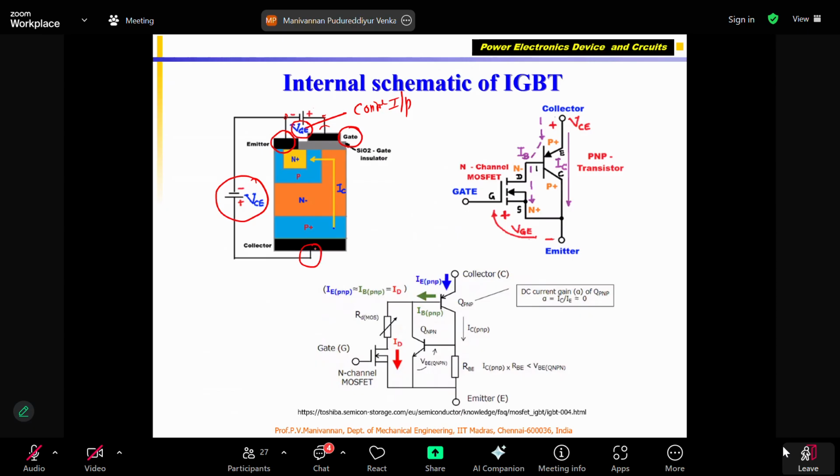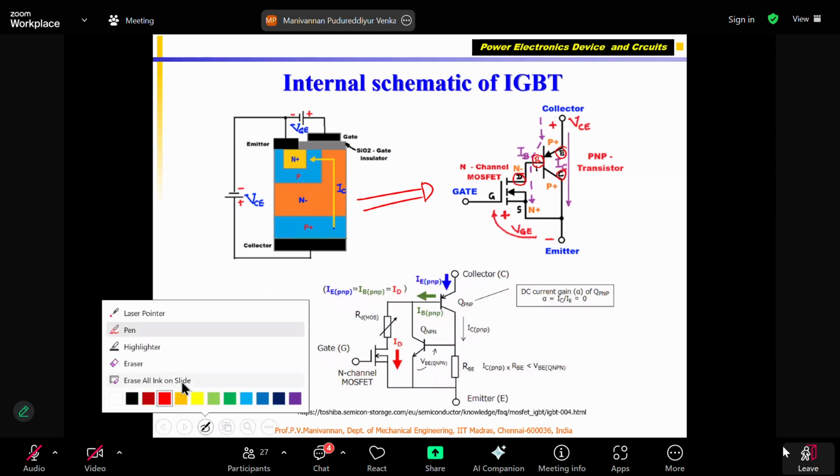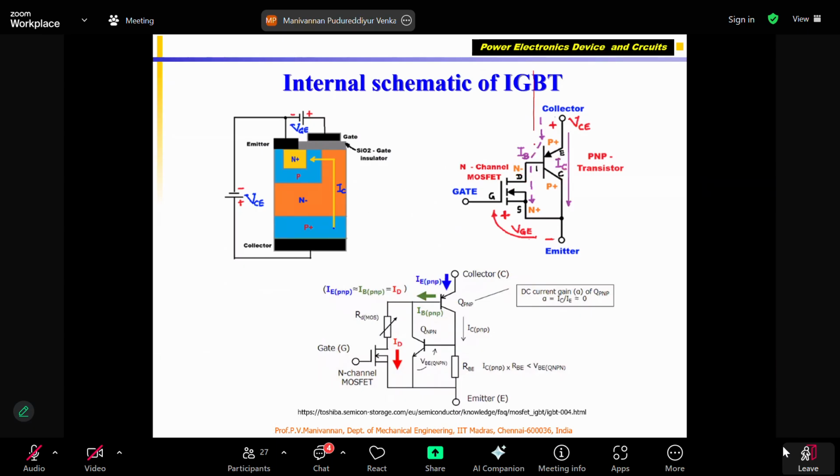Now that you understood there are 4 layers, this equivalent circuit is shown here. I have a transistor which has an emitter, collector, and base. This is my base, and the base of the transistor is connected to the drain of the MOSFET. I can divide this into 2 parts.